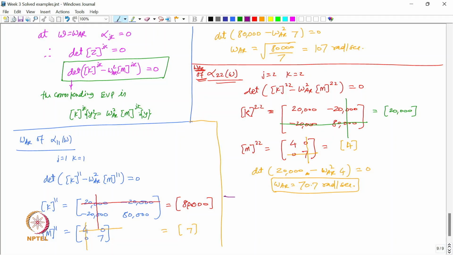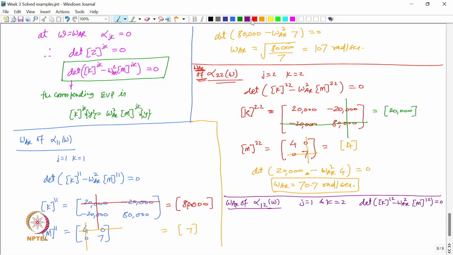Let us now take the last FRF, that is omega AR of alpha 12. So, in this case j is equal to 1 and k is equal to 2, right, and therefore, the equation would be determinant of K12 minus omega AR square M12 equal to 0.